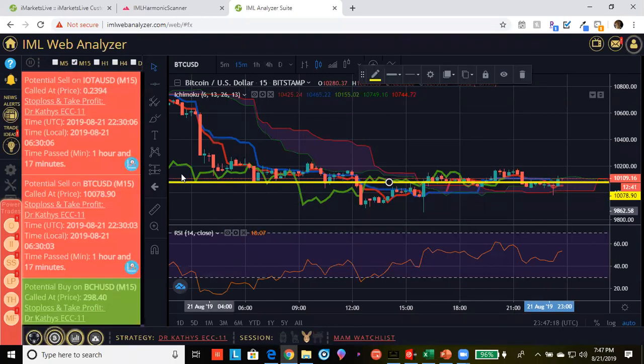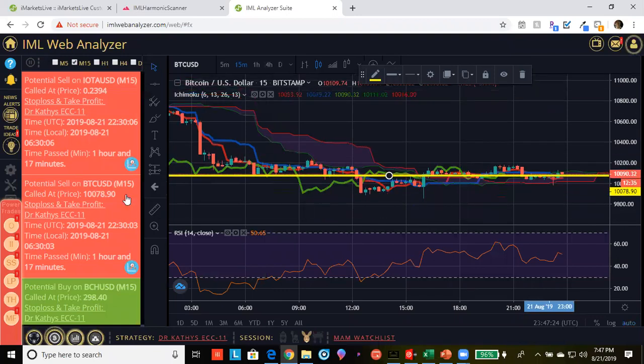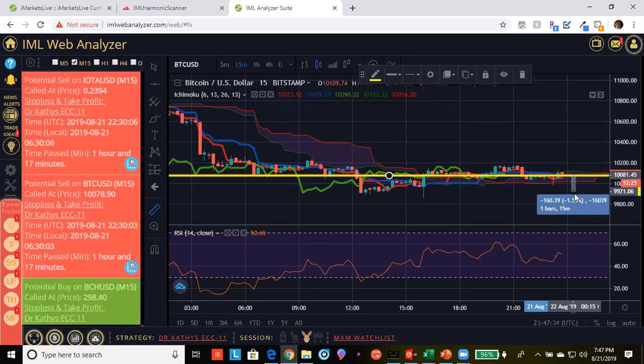And now we're going to use our measuring tool and actually see where we're going to put our pips in. So sell, we're looking for it to go down this way. Okay, about 15 on that one. And let's do another horizontal line.